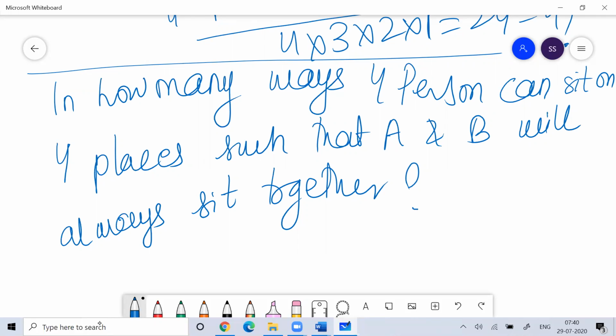Wouldn't this be 2 factorial then? Because 2 of them are going to be occupied. Wait, so 4 persons. So there's a person A and B. Yeah, suppose 4 persons are there, A, B, C, D. Out of them, A and B will always be together.